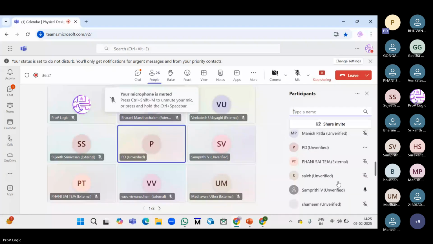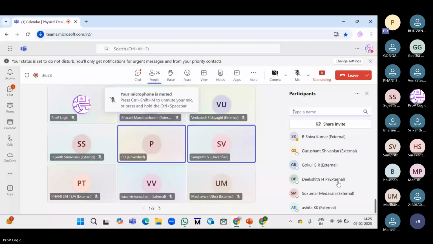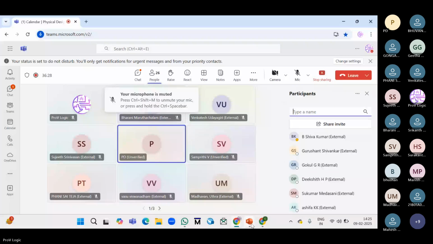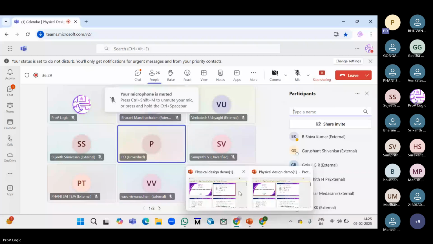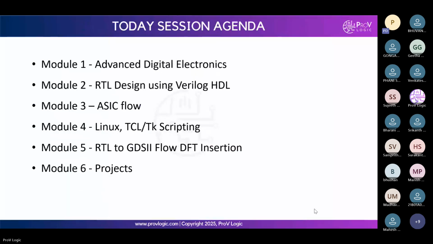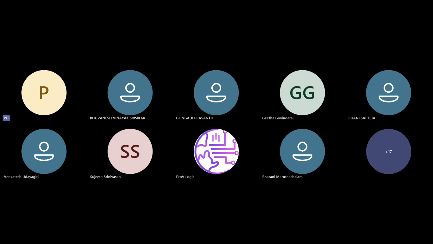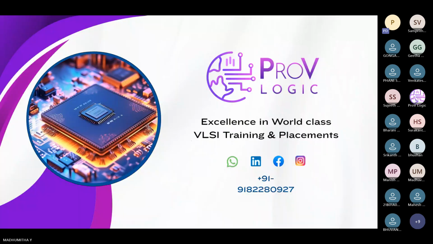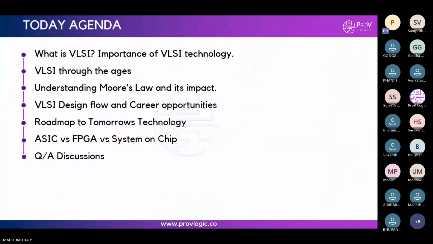Ma'am, can you go to the previous slide, please, where all the modules are listed. In this advanced physical design course, we will have 6 modules. The first module will be advanced digital electronics, as we are going to design digital ICs.